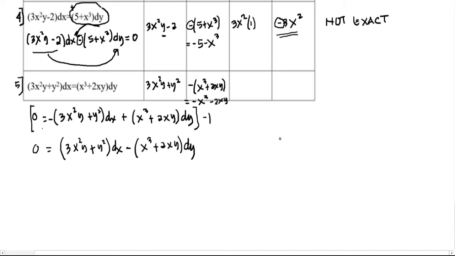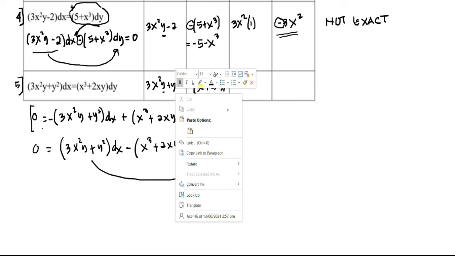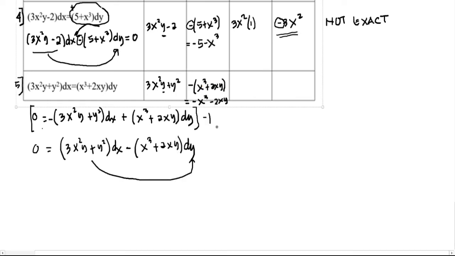Then, let us get the partial derivative of m with respect to y. In this value for m, our y is the variable and our x is assumed as constant. Derivative for 3x squared y is 3x squared. Then derivative for y is 1. Then derivative of y squared is 2y.